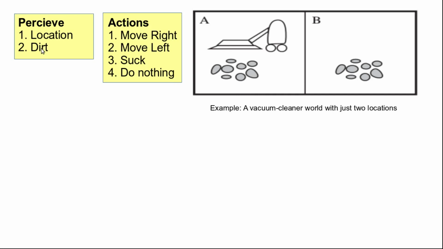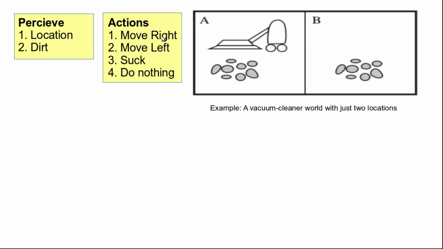And what are the actions that the vacuum cleaner can perform? In case it is in room A, it can move right and try to go to room B. And in case it is in room B, it can try to go to room A by moving left.